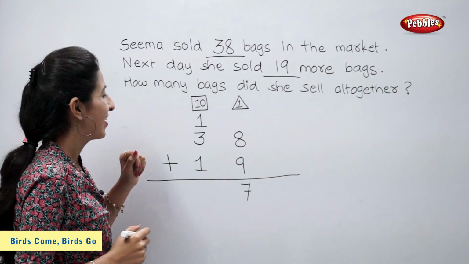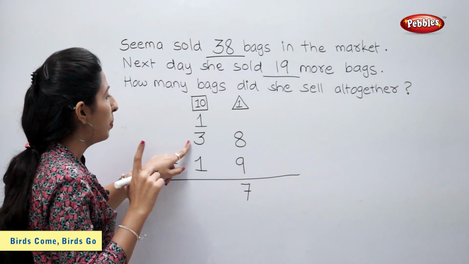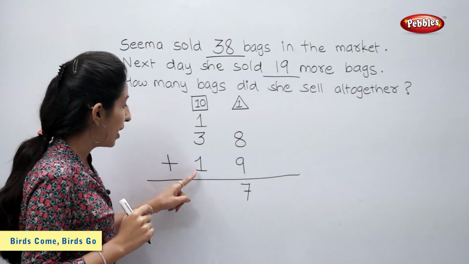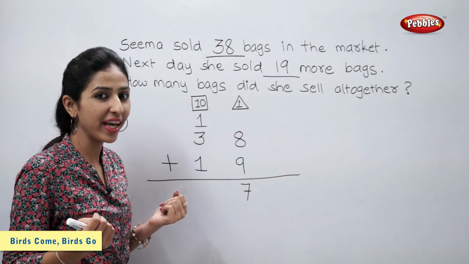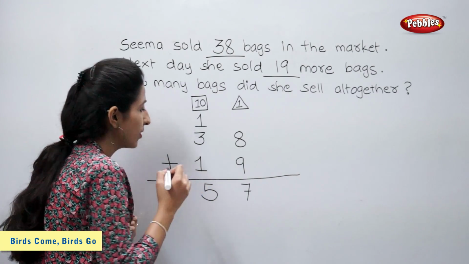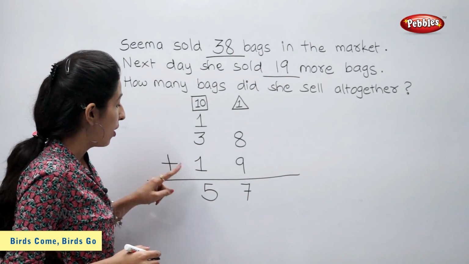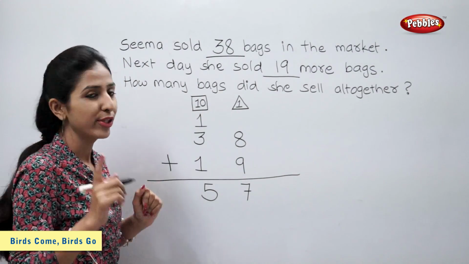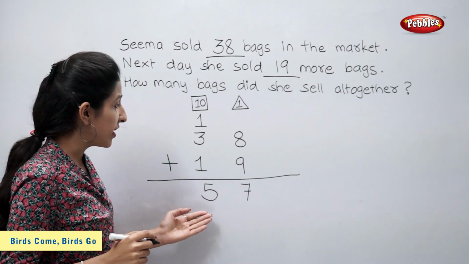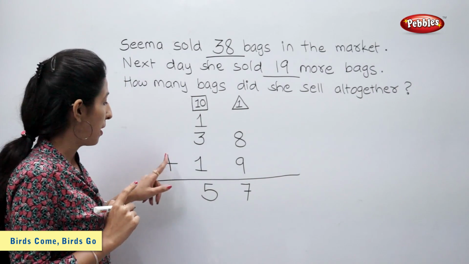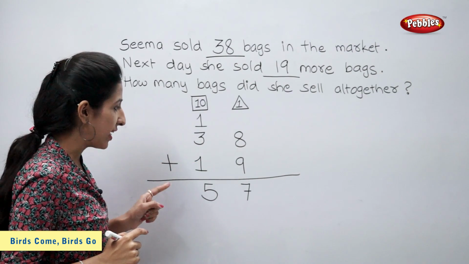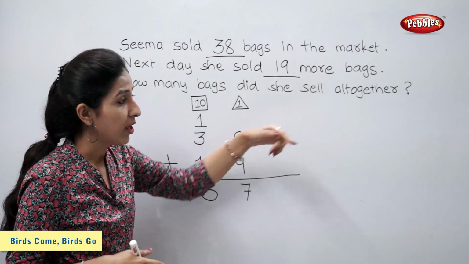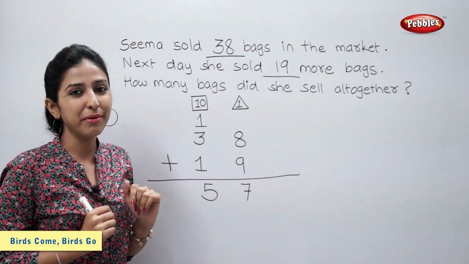Now tens. 1 plus 3 is equal to 4 and 4 plus 1 is equal to 5. So students, now we have 5 tens and 7 ones. So the number is 57. 38 plus 19 is equal to 57. So Seema sold altogether 57 bags in the market.